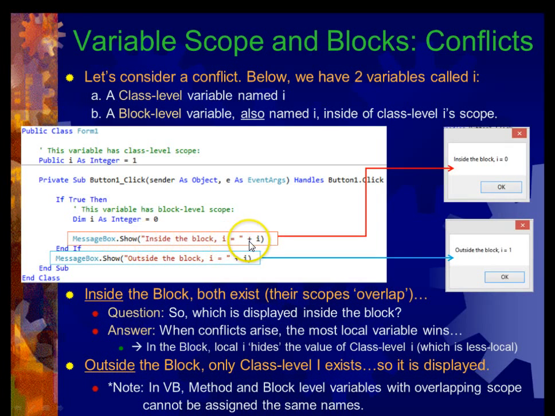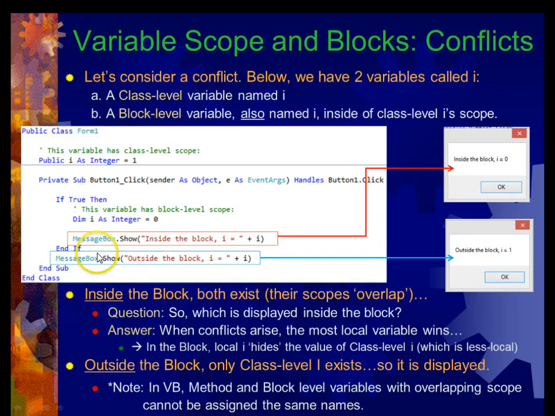By the way, this plus might be confusing, but remember last time we said that you can use plus or you can use ampersand. So this is just like ampersand, it's just concatenation. Here we're going to see what the value of I is when we access it within this block. And here we're going to see what the value of I is when we access it outside of that block.